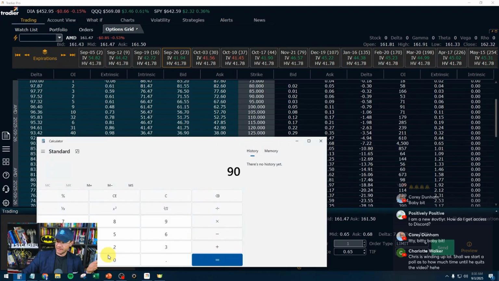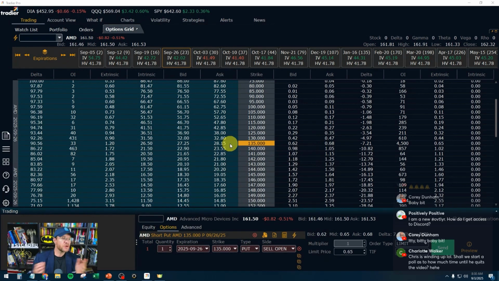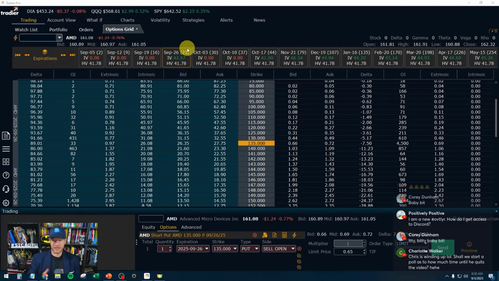How much is that? 90 divided by 33.20. 2.7%. So you're telling me that I either need to hold it for 23 days to make 2%. Or I can understand that as a business owner, I'm taking a business risk and I'd have a business expense associated with that business risk of only 2%.